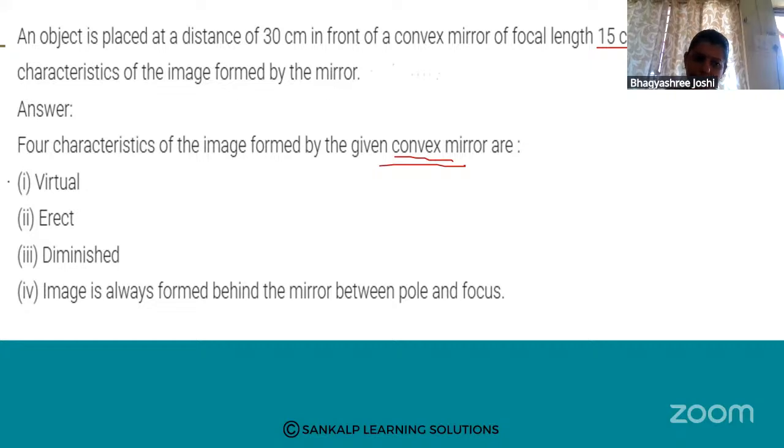In case of convex mirror, the image is virtual, erect and diminished. Image is always formed behind the mirror between pole and focus. So these 4 characteristics are there for convex mirror.